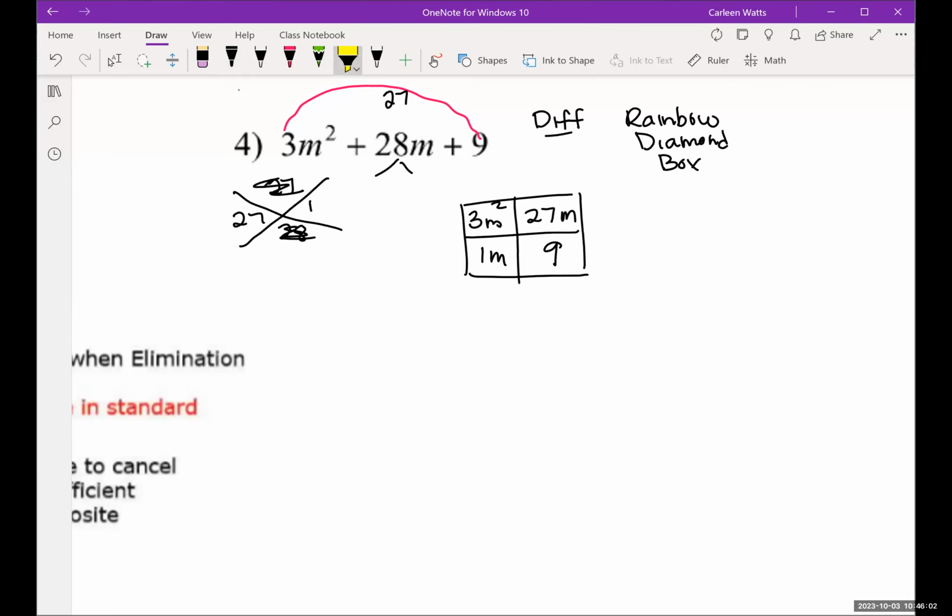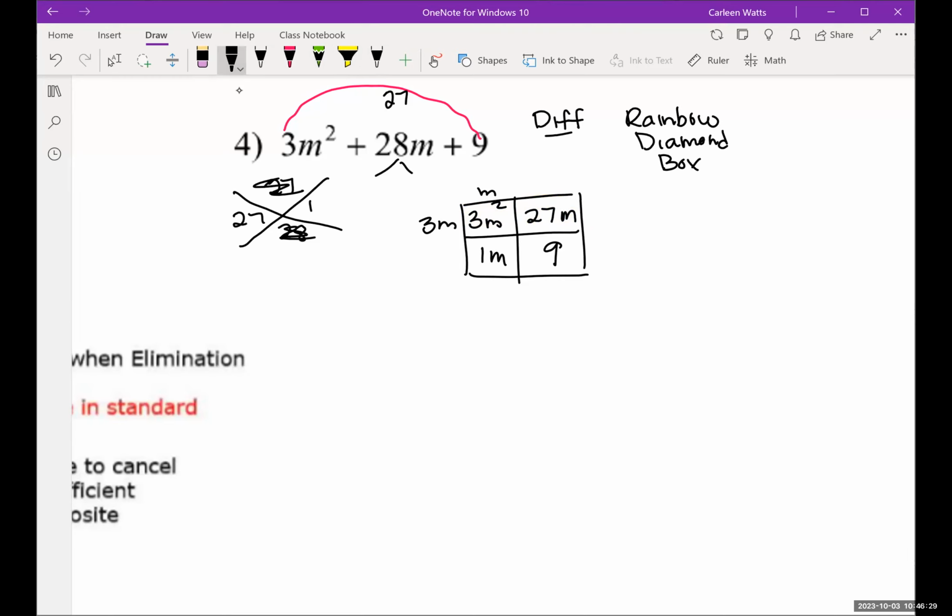Okay, GCF of the top row is what? Yeah, do we see that it's 3m and m? Okay, let's get it going here. 9.